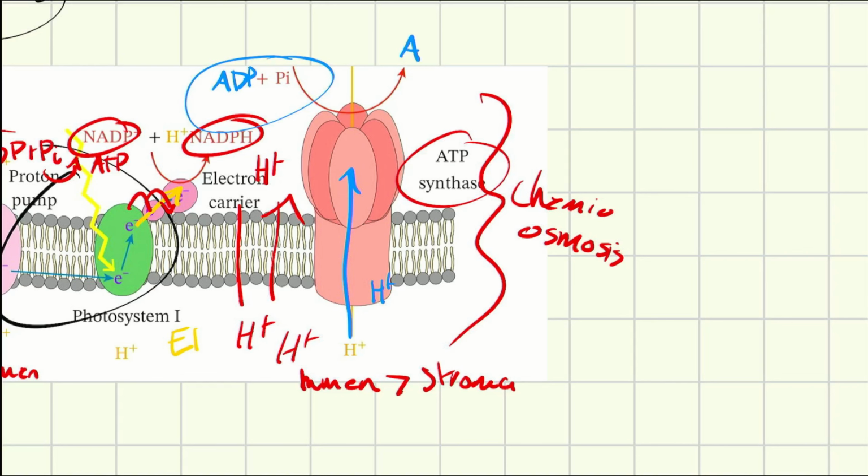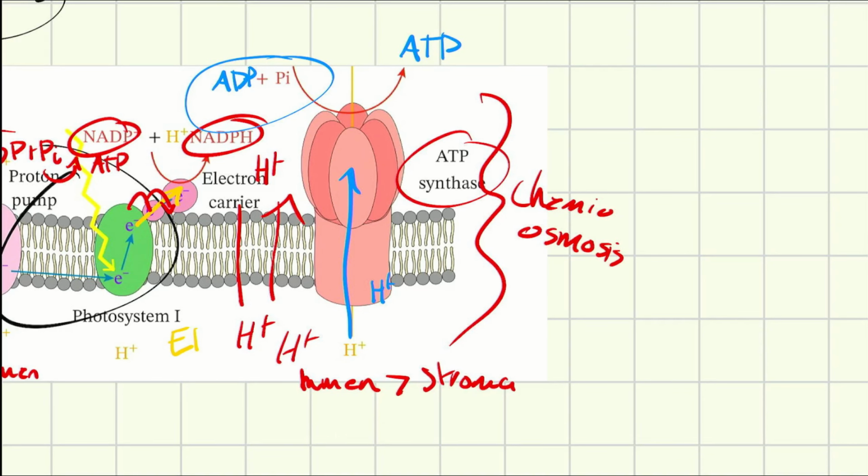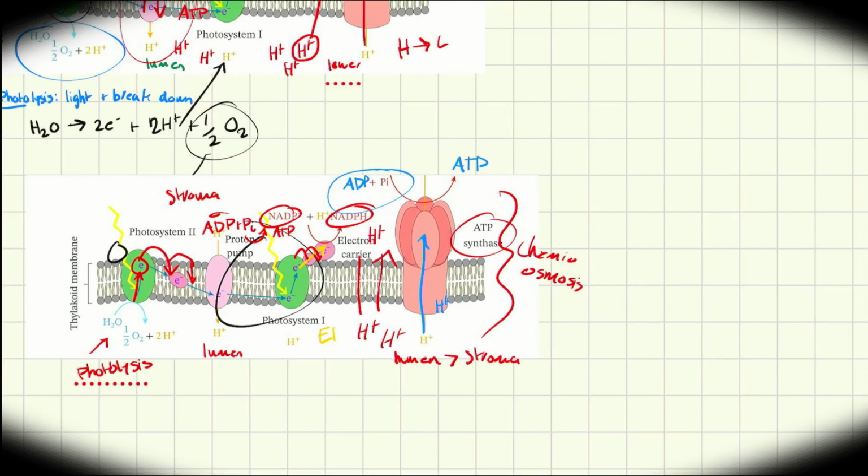So again, we're going to be creating ATP as we diffuse our hydrogen ion concentration. So the whole idea is we're using hydrogen ion concentration to fuel ATP synthase and create ATP. Again, this is called chemiosmosis, and in doing all of this, we create molecular breathable oxygen.